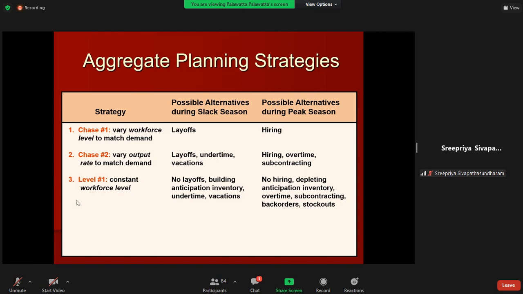So here, level 1 is a constant workforce. When you employ a constant workforce, you're not going to do layoffs or hiring. Building anticipation inventory, and then undertime. Undertime is when, let's say, the production capacity is for 100,000 units but you don't work that much time and work less.